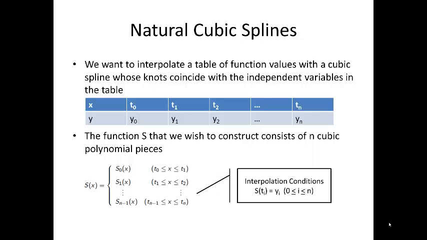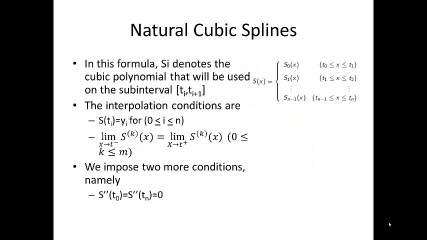In this formula, s sub i denotes the cubic polynomial that will be used on the subinterval t sub i to t sub i plus 1. Continuity conditions are imposed only at the interior knots, that is t1 through t n minus 1.